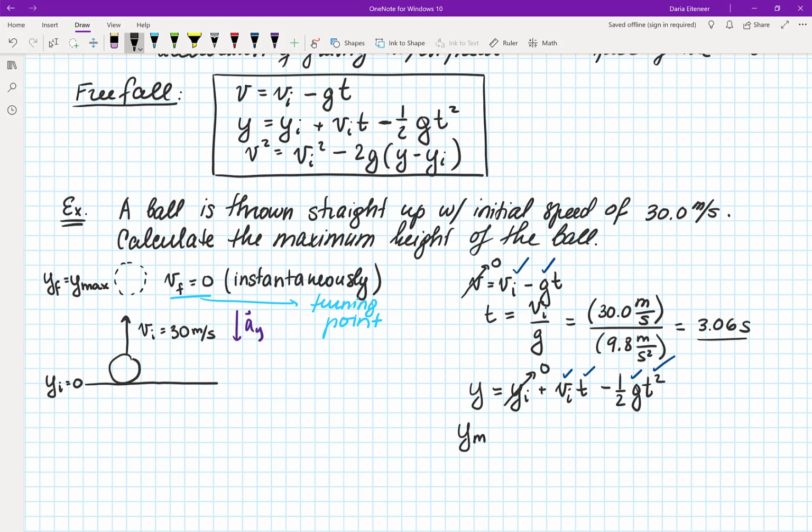I'm going to substitute y max instead of y, and then just plug in all these values. Notice how I'm keeping all of the units throughout these calculations.